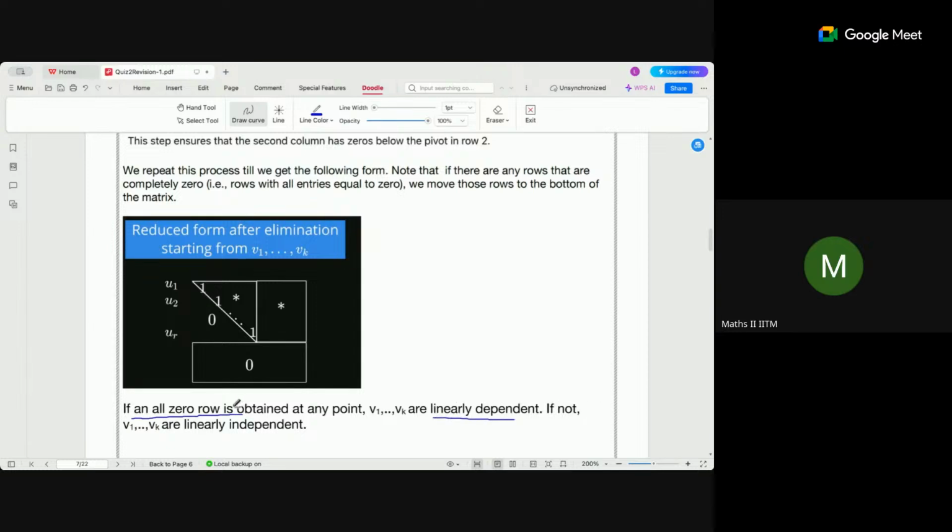If no 0 rows are there, then it is linearly independent. The number of non-zero rows here represents the number of linearly independent vectors. It is also the rank of the matrix.